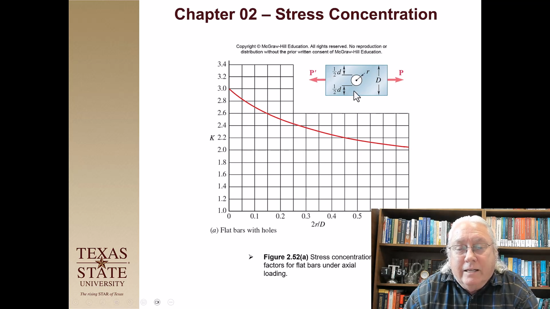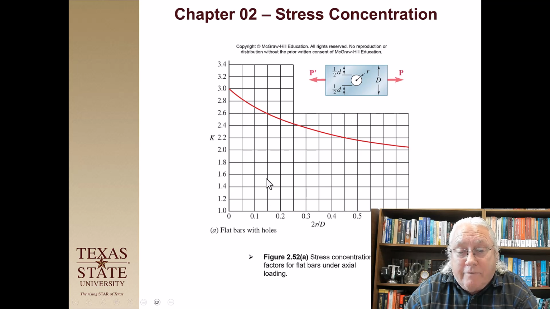So in this example here, let's say we've got a parameter at the bottom. Let's pick a good number here. Say this is 0.1, 0.2. So say 2 times r divided by D. Say that's 0.15. So it would be on this vertical line here.